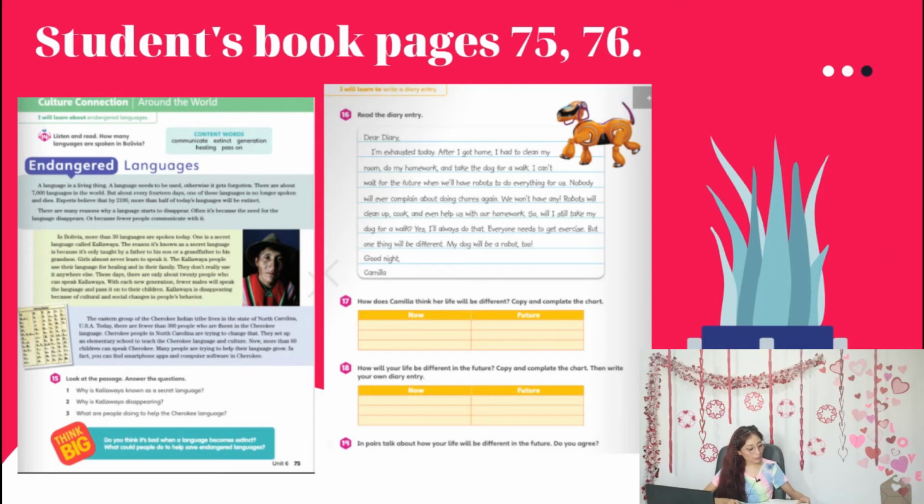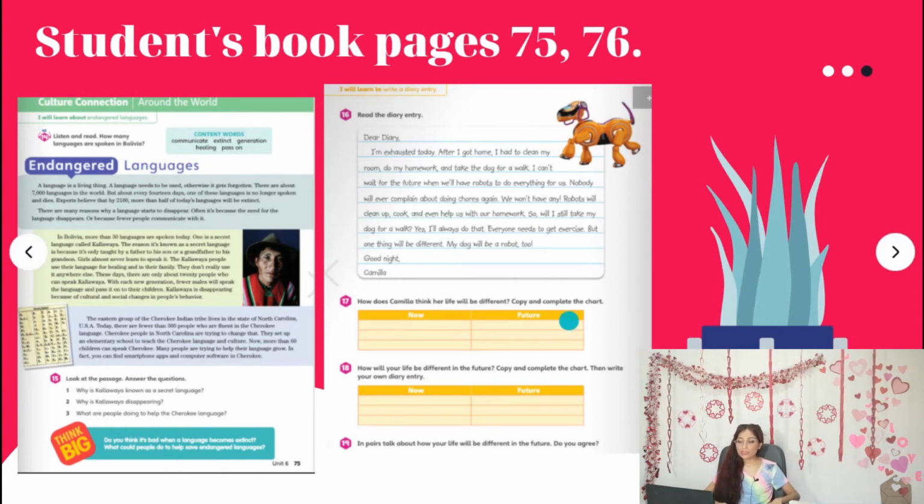Nobody will ever complain about doing chores again. We won't have any. Robots will clean up, cook, even help us with our homework. So will I still take my dog for a walk? Yes, I always do that. Everyone needs to get exercise, but one thing will be different. My dog will be a robot too. Good night, Camila. Okay, what do you think about this?